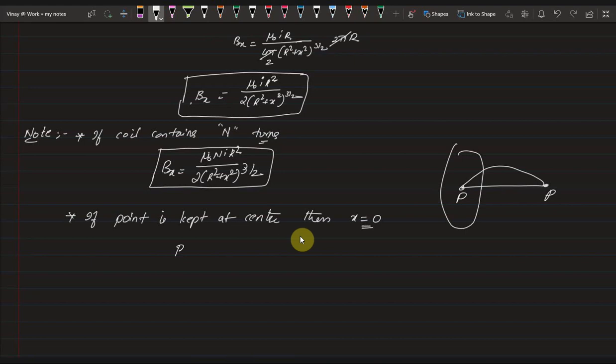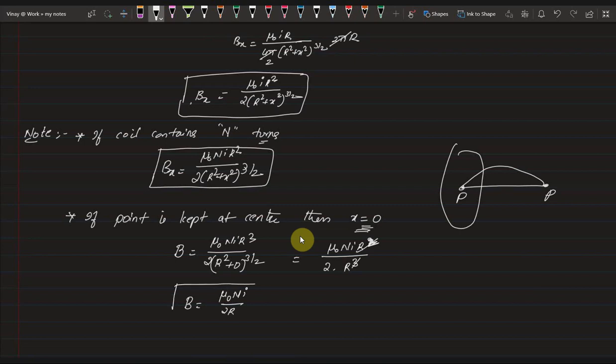If I substitute x equal to 0, the magnetic field is mu naught N I r square by 2 into (r square plus 0 square) whole to the power of 3 by 2, and 2 into r square whole to the power of 3 by 2 is r cube. Then r square cancels with r cube one time. Then the magnetic field B is equal to mu naught N I by 2r. This is the magnetic field due to the circular current carrying coil at the center.